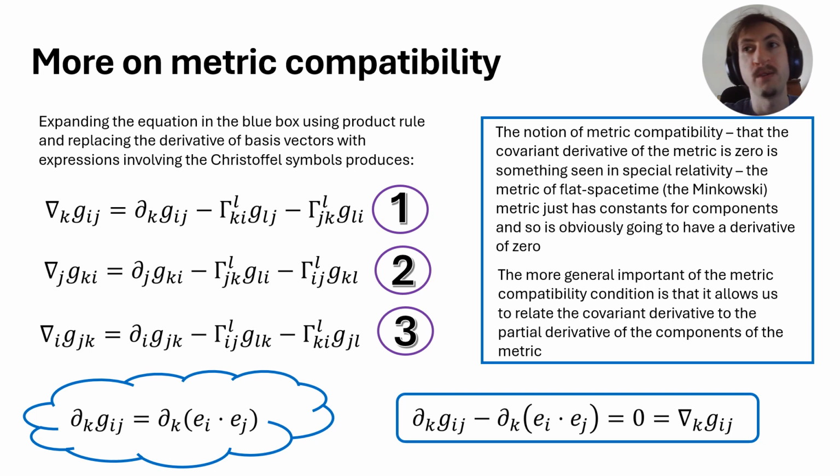And playing around with that, we'll finally end up with our expression for our connection coefficients that can be derived solely from the components of the metric. And in that case, we can properly call our connection coefficients Christoffel symbols.